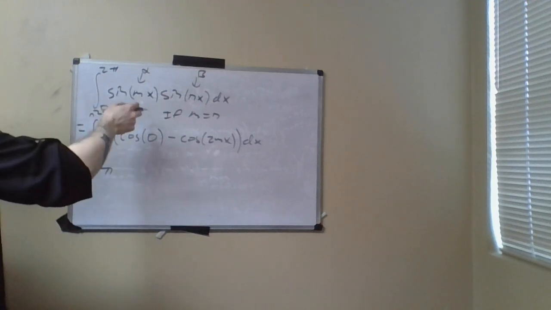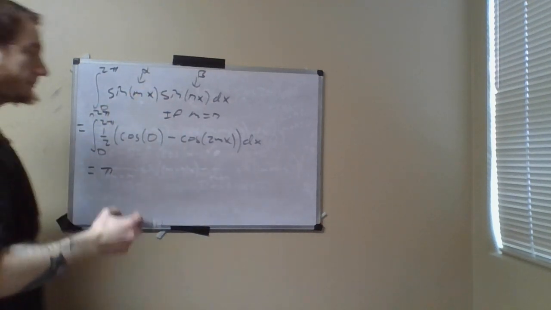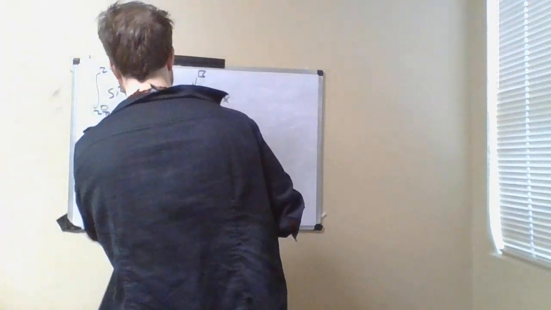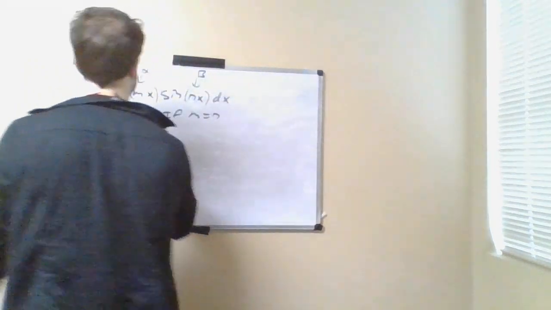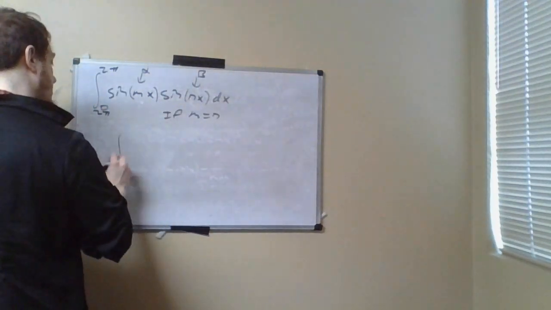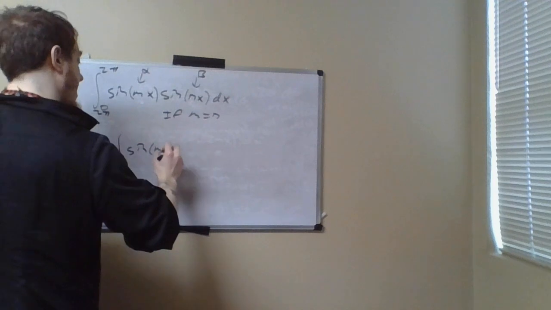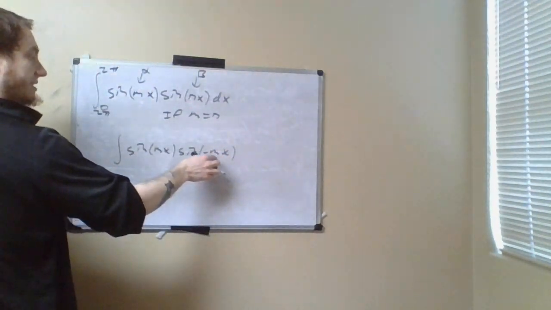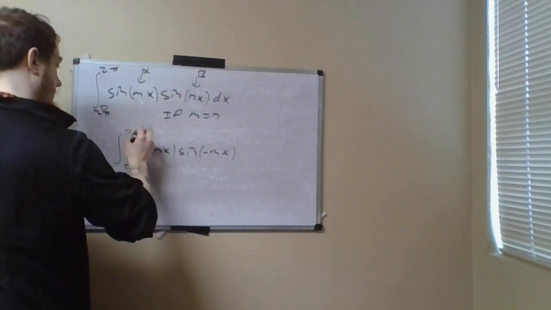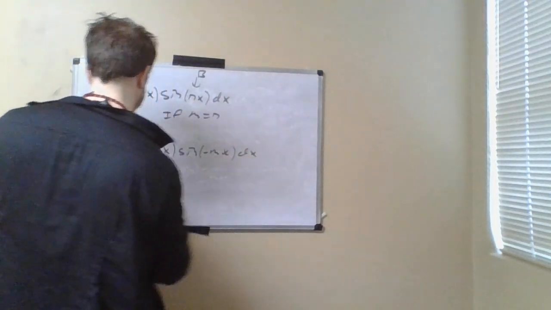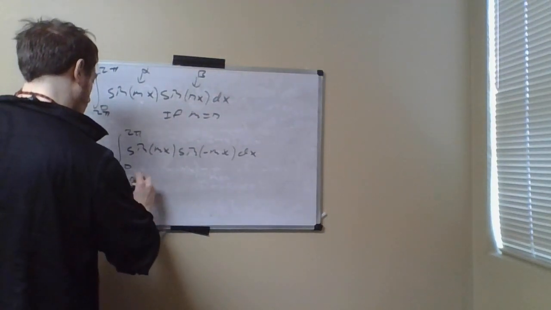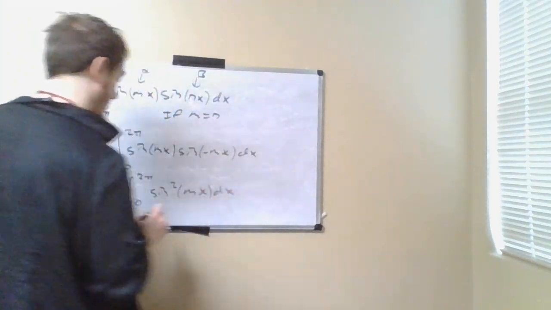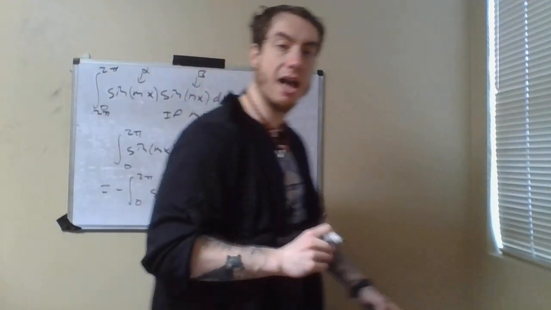If they are the same but with opposite signs, we can immediately see that we would get negative pi, because if we had the integral of sine mx sine negative mx, sine is an odd function, so this is actually negative integral from 0 to 2 pi of sine squared mx dx. So this would come out to be negative pi.